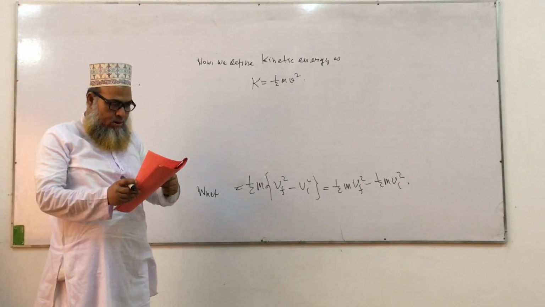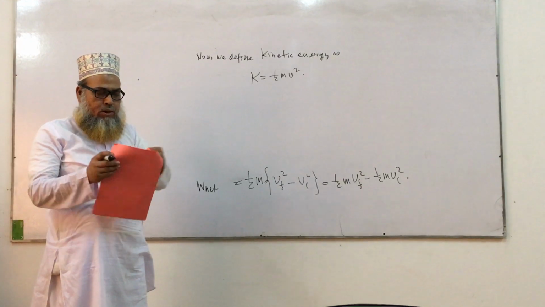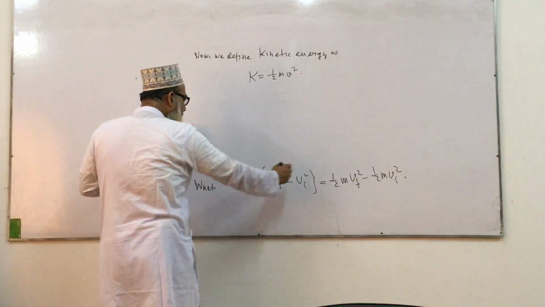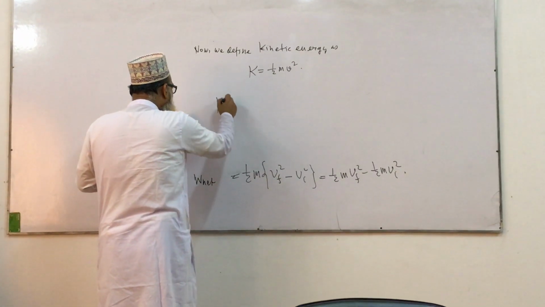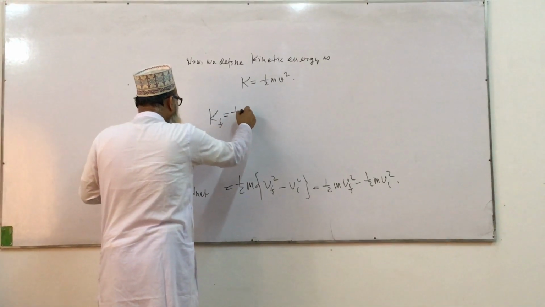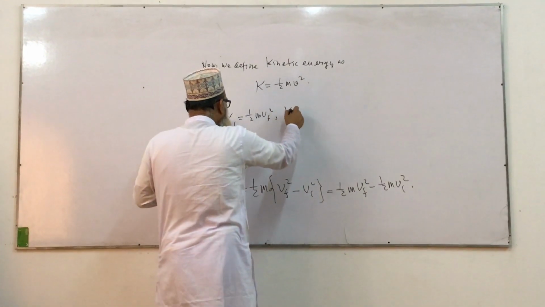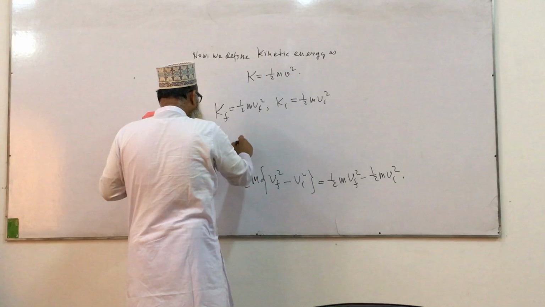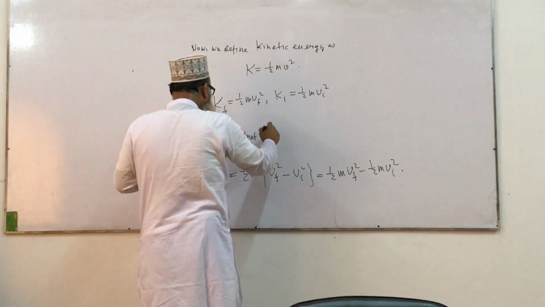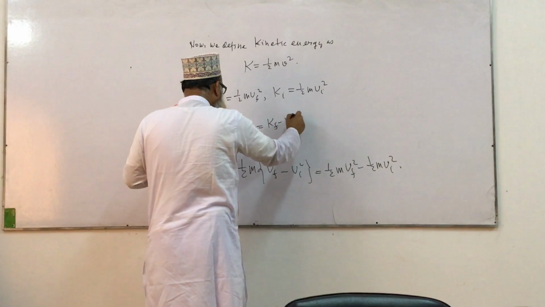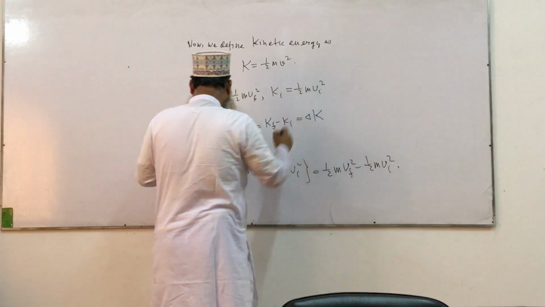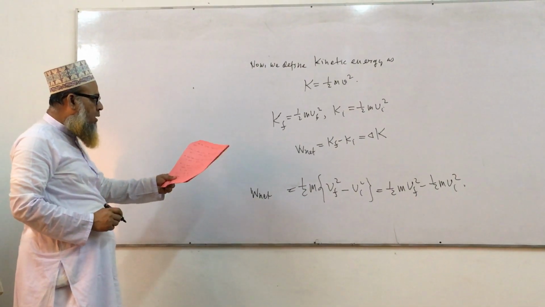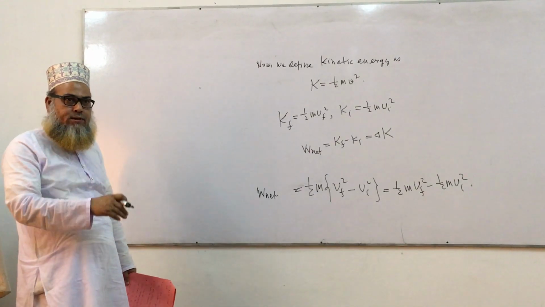Okay. If this is so, I can write Kf equals half M Vf square, Ki equals half M Vi square, and W net becomes Kf minus Ki, which is usually written delta K, the change in kinetic energy.